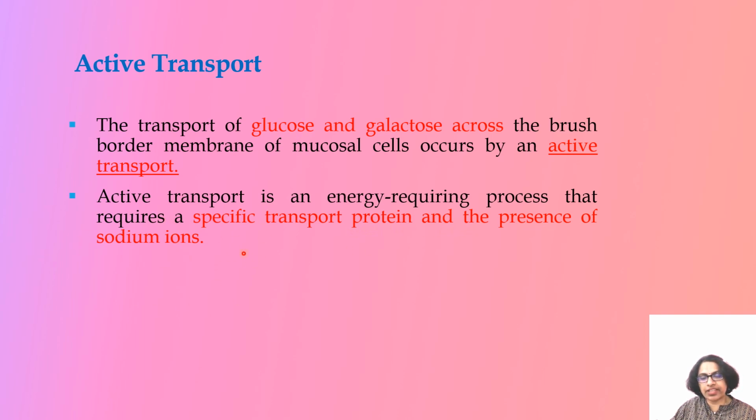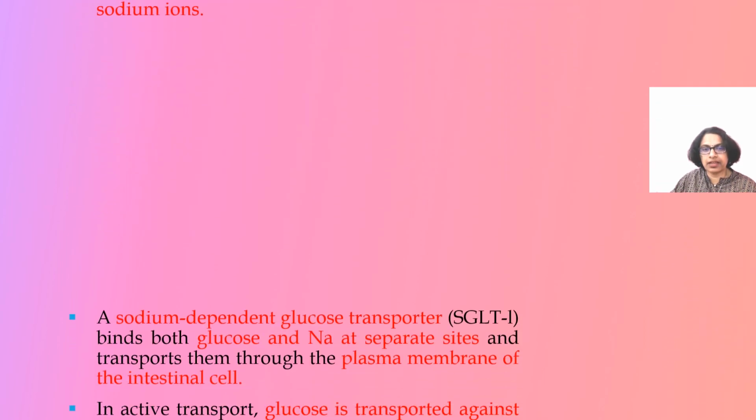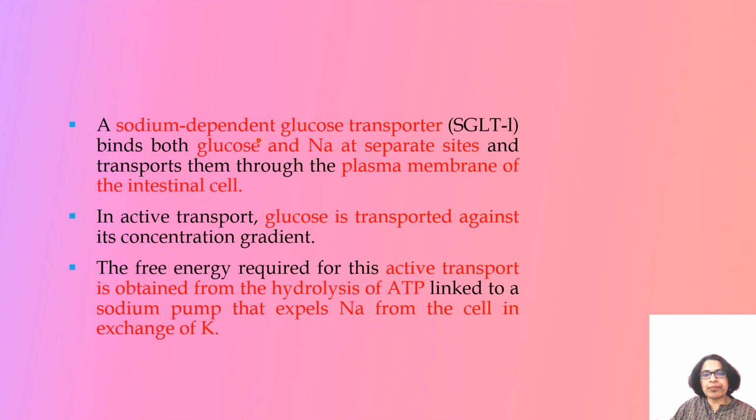So this process occurs with the help of sodium ions. A sodium dependent glucose transporter binds to both glucose and sodium at separate sites and transports them across the plasma membrane of the intestinal cell.